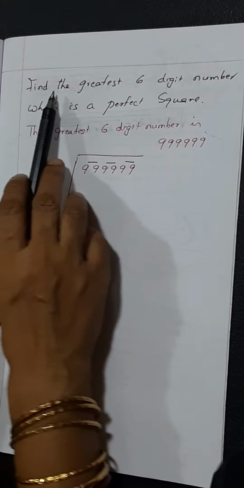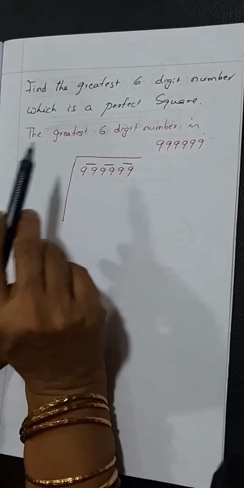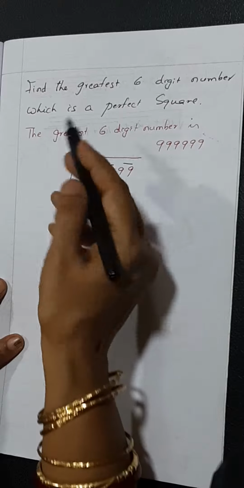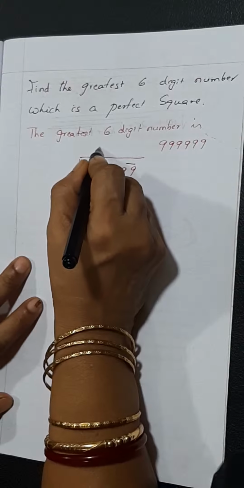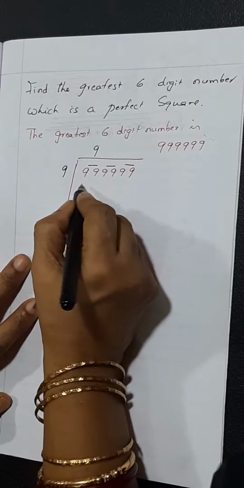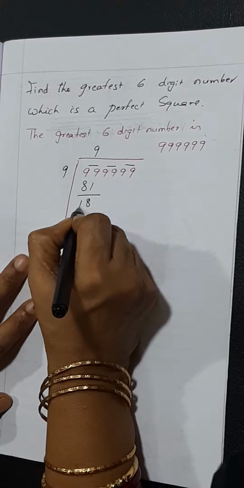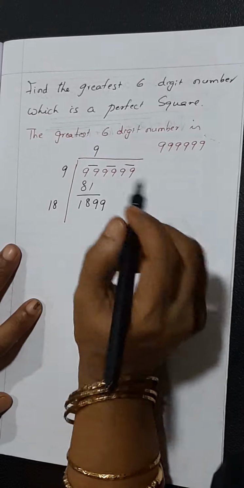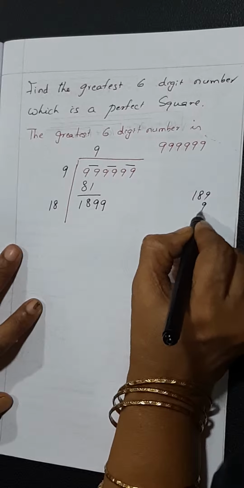Here in this you have to find the greatest 6 digit number which is a perfect square. So here the greatest 6 digit number will be this. Now we will do the long division method. So it is 81. So 18, we'll try out with 189.